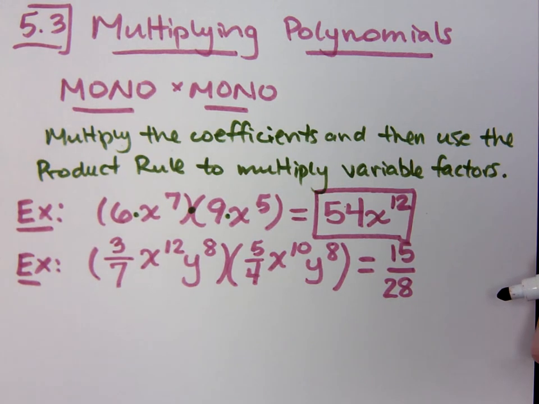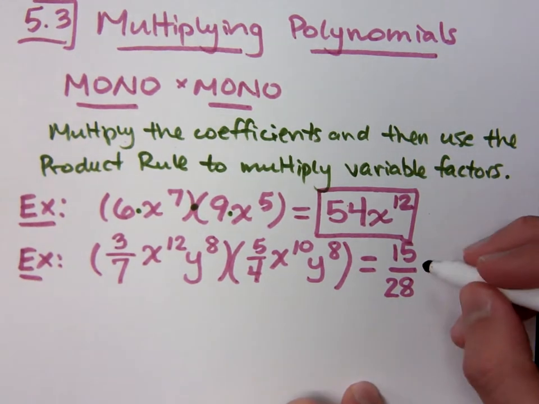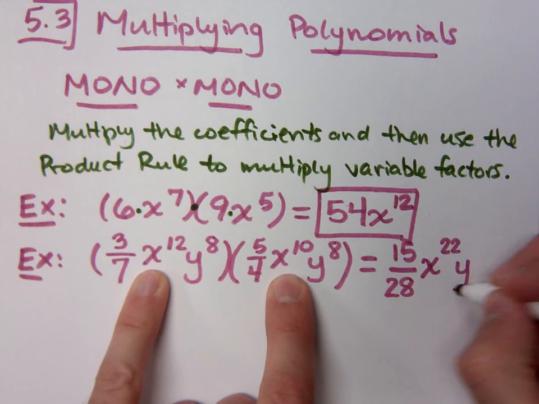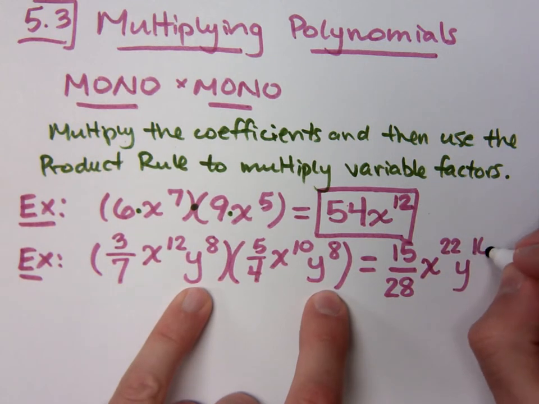Or if I had 3/7 x equals 5/4, I would multiply by the reciprocal to get x by itself. But here I'm just multiplying. How many factors of x do I have altogether? 12 and 10, it's 22. How many factors of y? 16.